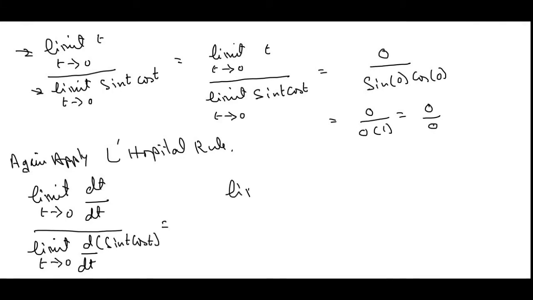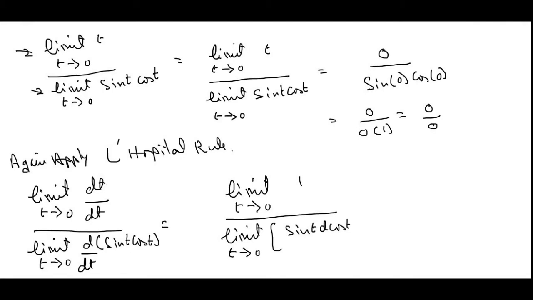So limit t approaches 0 and the derivative of t is 1, because we are differentiating with respect to t, and here limit t approaches 0, but applying the product rule here. So we have sine t d cos t over dt plus cos t and d over dt sine t.